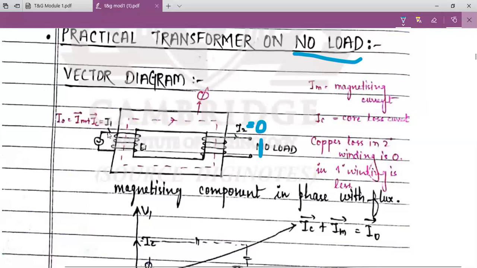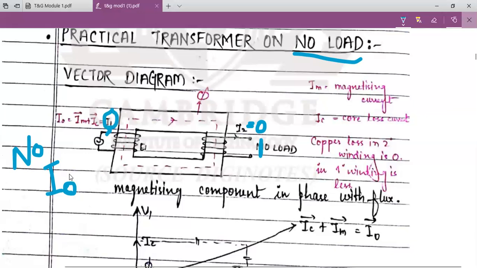I2 is 0. So this is the input current I1. I can call this the no load input current, represented as I0. That is nothing but your I1.